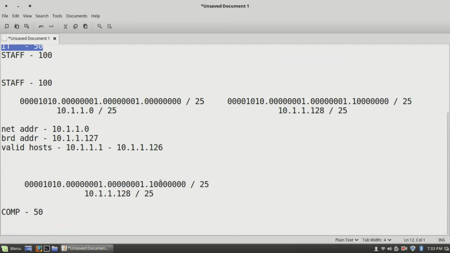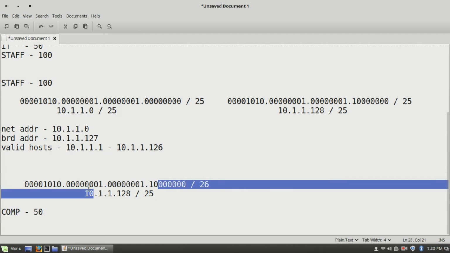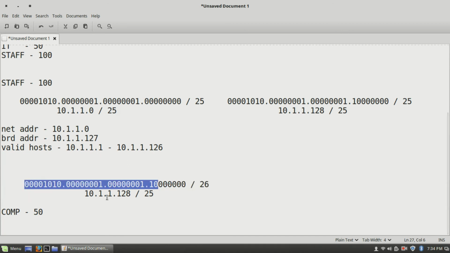So I'll reduce it further. To reduce it further, I will assign another bit from host to network. So I will make it /26, and I'll say that all of you belong to network. So these bits will never change.